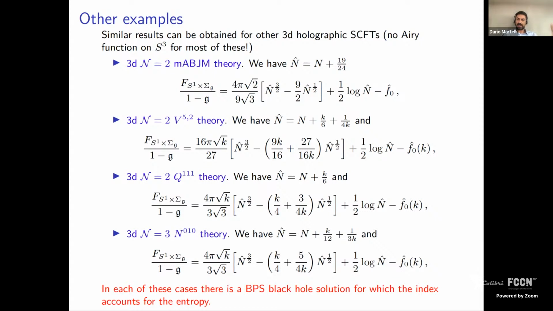But the intermediate terms, those with N to the 1/2, have numbers which depend on the model. So the question here is, well, that would be my guess, but would you have a guess for what they correspond to in the geometry? Oh yeah, okay, you know the answer. Well, you ask me whether I have a guess.